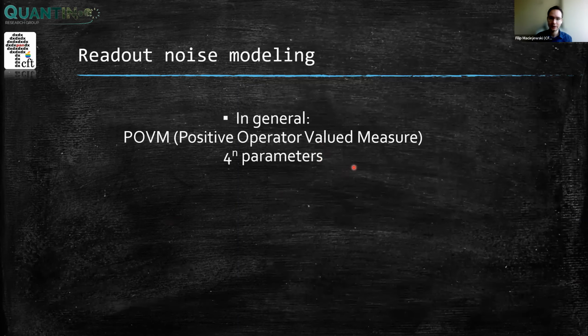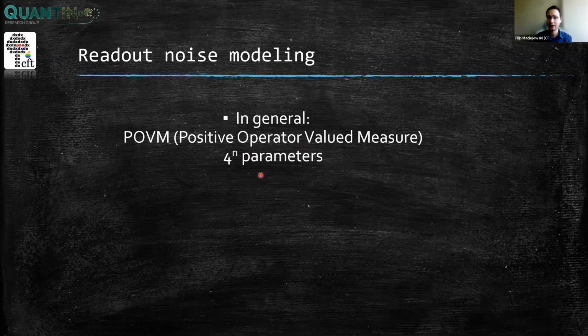Okay, so I hope you are convinced that it makes sense to study this, and now let me briefly describe how we can model readout noise. In the previous presentation, we learned that the most general quantum measurement is called a POVM, which is also used for modeling noisy measurements.